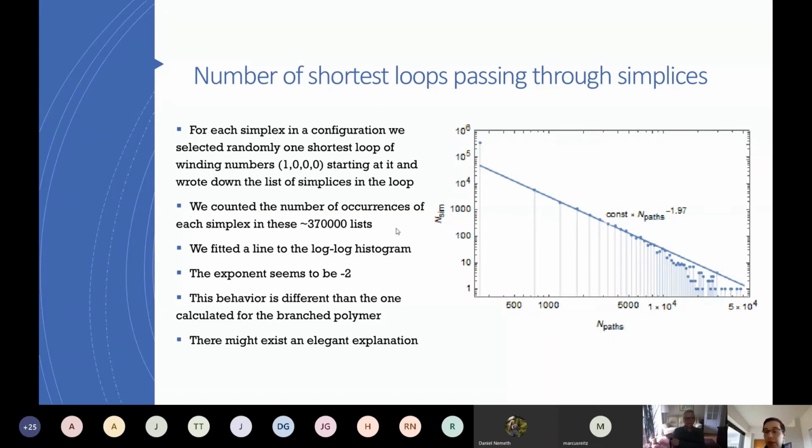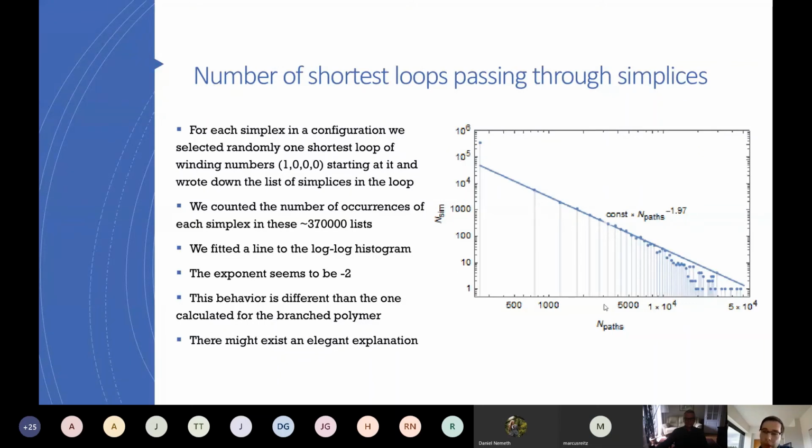And so these simplexes that are more popular, so to speak, would be the simplexes in the semi-classical part. And this means also that the geodesics tend to go along this semi-classical part and tend to avoid the quantum fluctuation region.